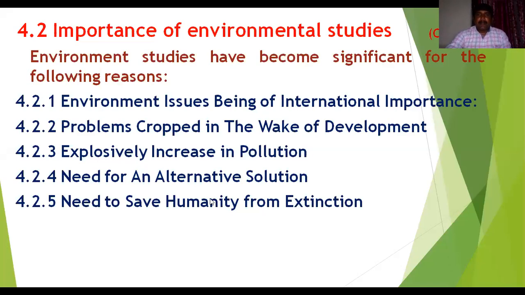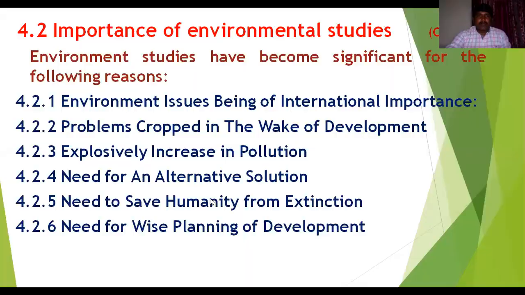Fifth is need to save humanity from extinction. It is incumbent upon us to save humanity from extinction, consequent to our activities destroying the environment and depleting the biosphere in the name of development. The sixth one is need for wise planning of development.